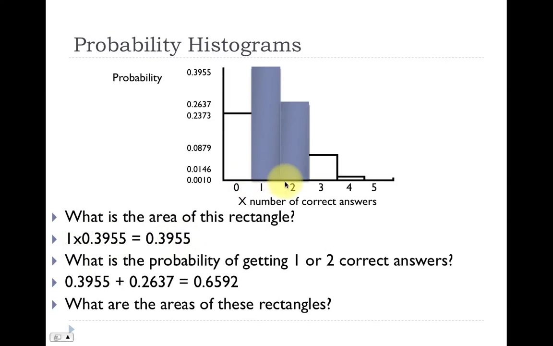The area of the second rectangle is 0.2637 because we take the width, 1, times the height, 0.2637. If we add up the 2 probabilities we get 0.6592, and if we add up the 2 areas, we also get 0.6592. The sum of the areas is the same as the sum of the probabilities.